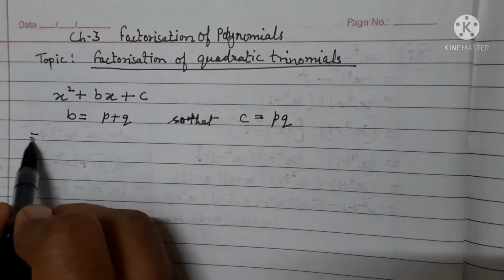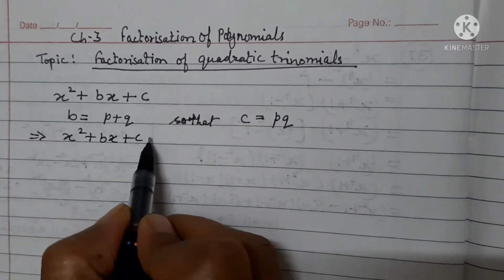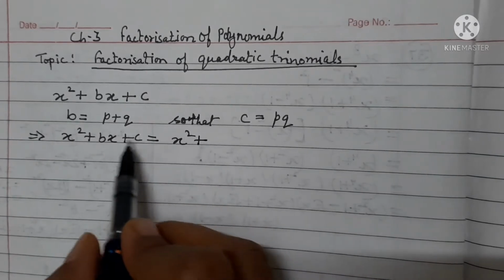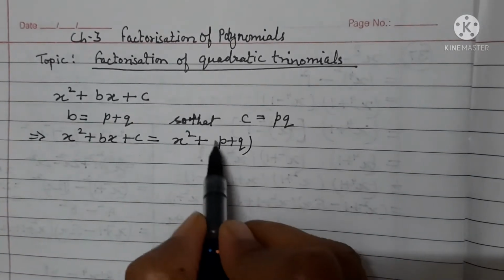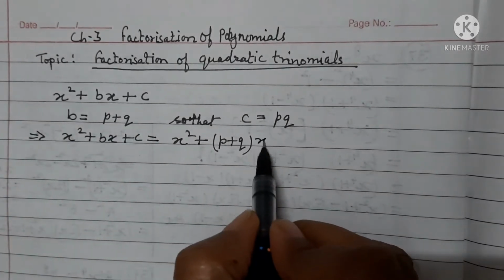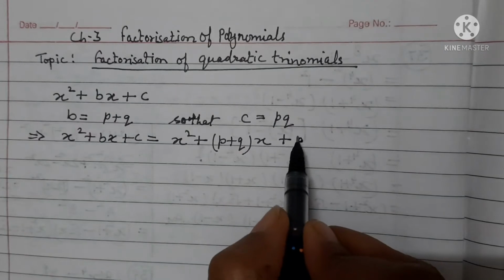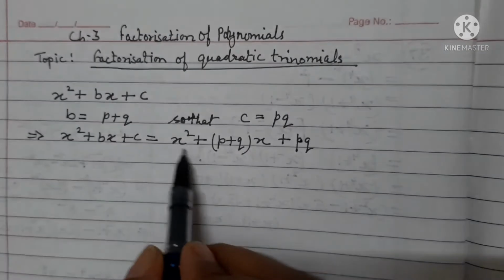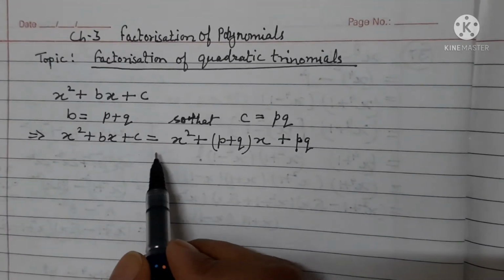It implies x square plus bx plus c is equal to x square plus (p plus q)x plus pq. So we put the value of b and c in the expression.